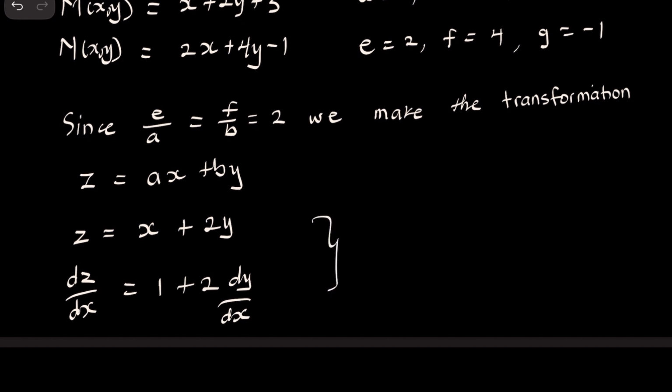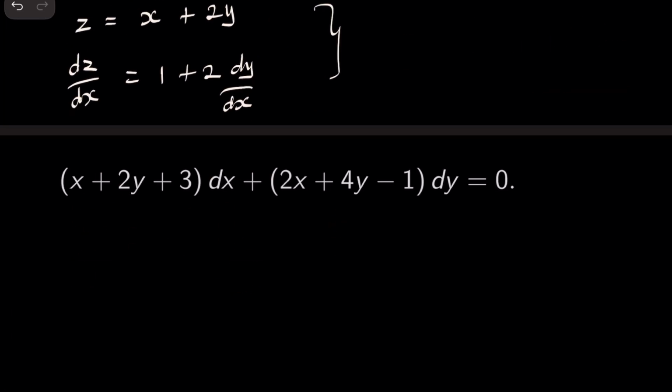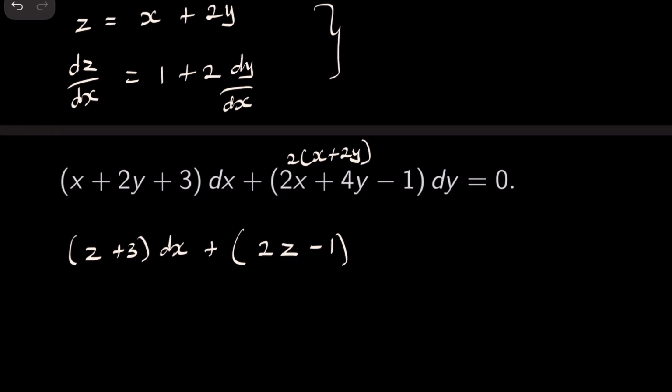So we are going to make these two transformations. Thus our differential equation will be giving us x plus 2y is now z, so we are going to have z plus 3 dx plus, now from this side we can factor out 2, so we are going to have 2 out of x plus 2y, and x plus 2y is z. So here is going to be 2 times z, then minus 1 dy.